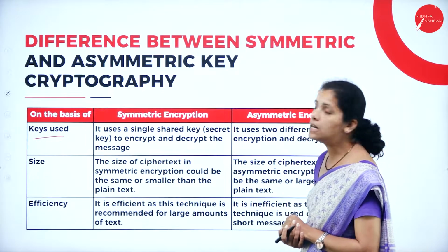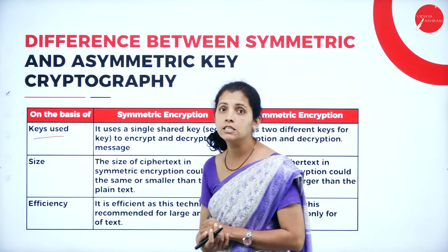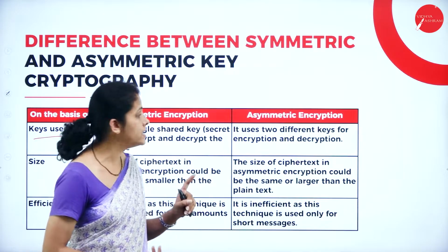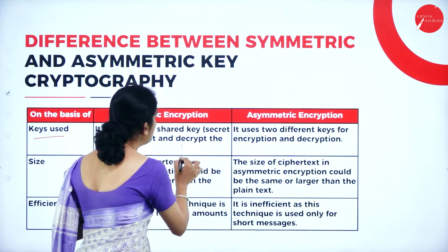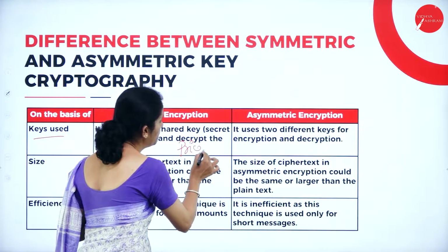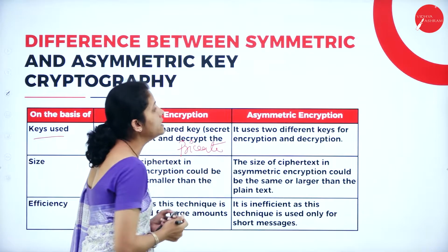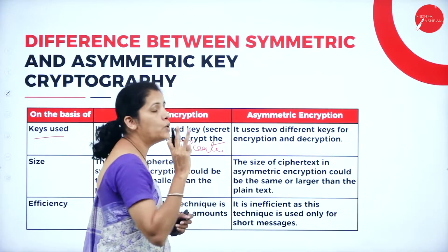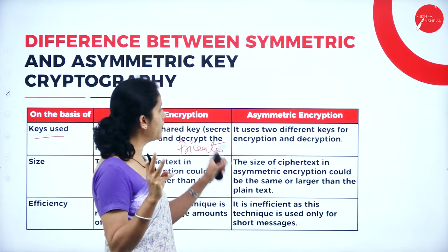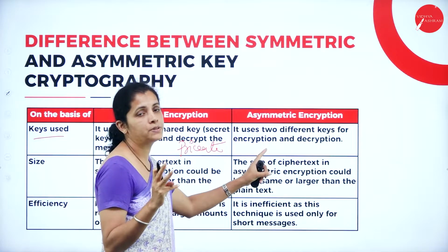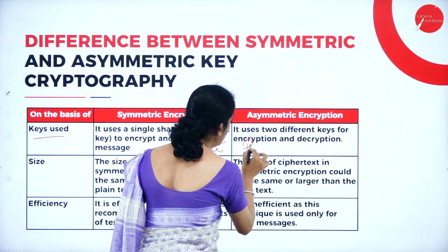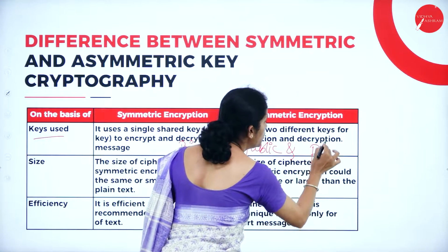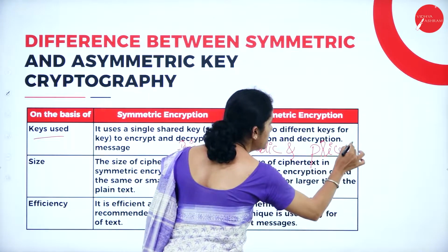That is a single key. So one key is shared between sender as well as receiver. And what kind of key here? That is a private key. And if I consider an asymmetric crypto system, then here we are going to use 2 keys, one for encryption and one for decryption. To encrypt, the public key, and to decrypt, I'm going to use the private key.